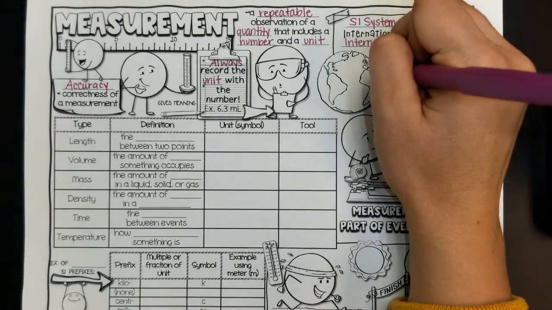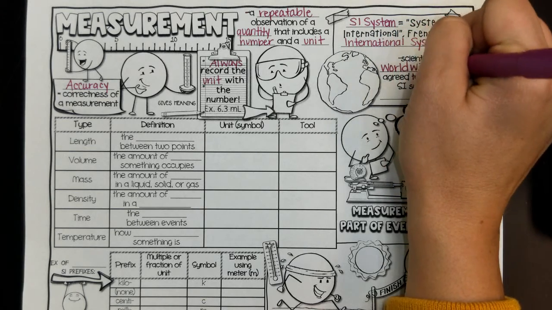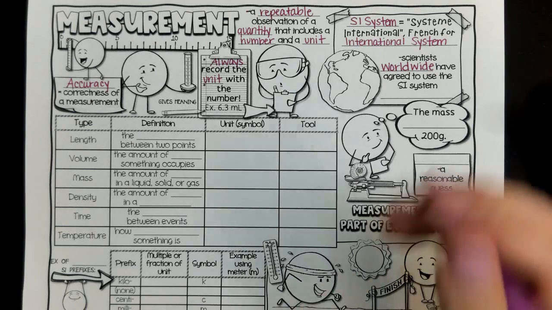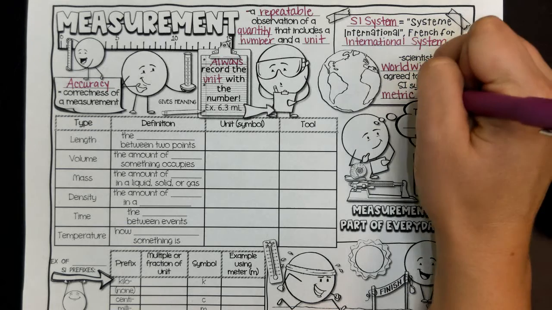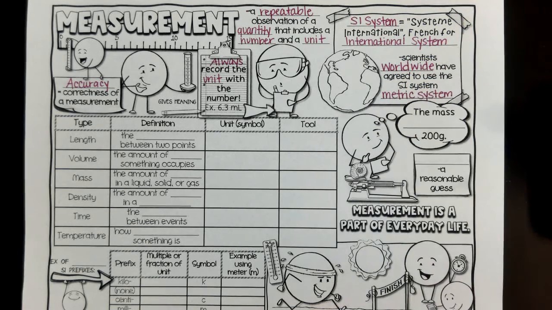Scientists worldwide, so not just in America, but worldwide, use and have agreed to use this one system, which we also like to call the metric system. So when I measured your towers, I was measuring in centimeters because that is a unit of the metric system.